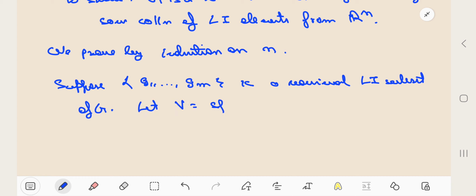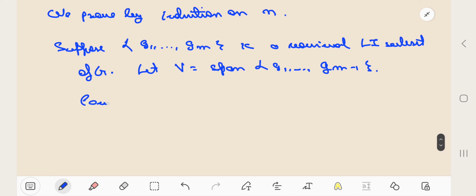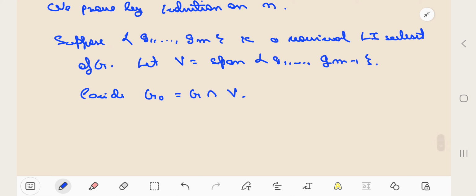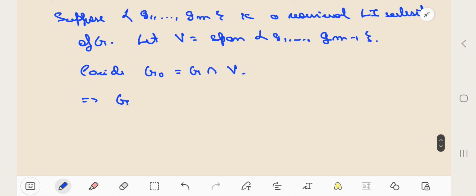Let V be the subspace which is spanned by the elements g_1 till g_{m-1}, and then consider G_0 to be G intersection V. Okay. Then observe that this implies that G_0 is discrete, because G is discrete, right?